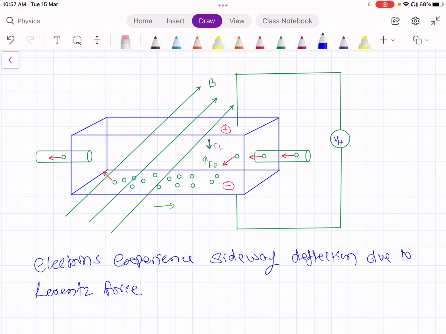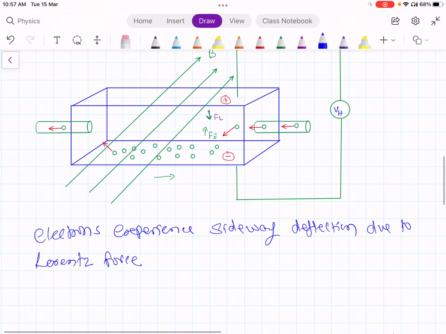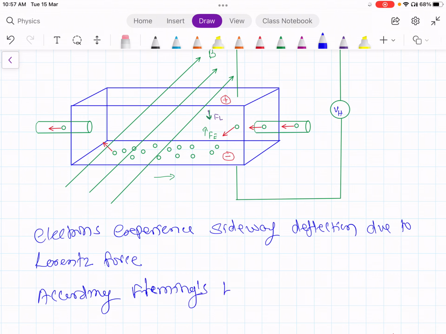This is according to Fleming's left hand rule. The electrons will feel a force towards the bottom of the surface. That means electrons are deflected towards the bottom of the surface as shown in this diagram.